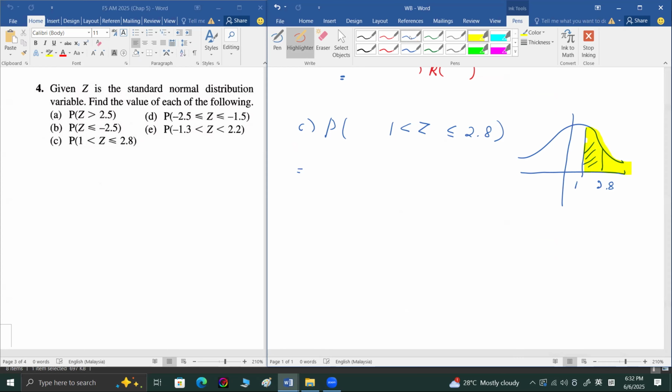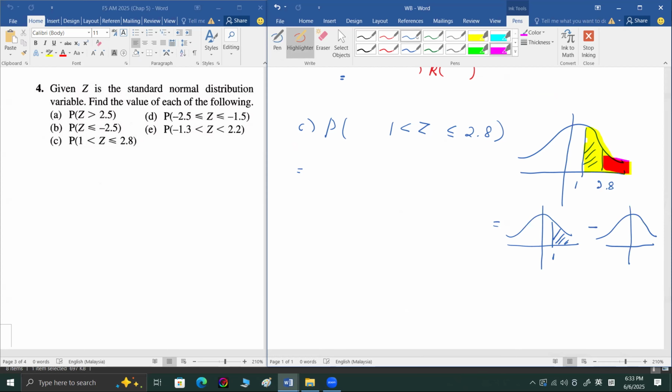I shade with yellow. Does someone remember this formula? You get R of 1, remember, right side R, minus this region.